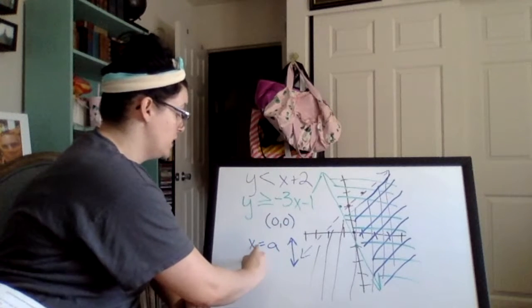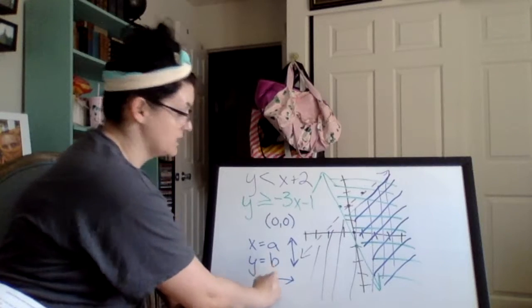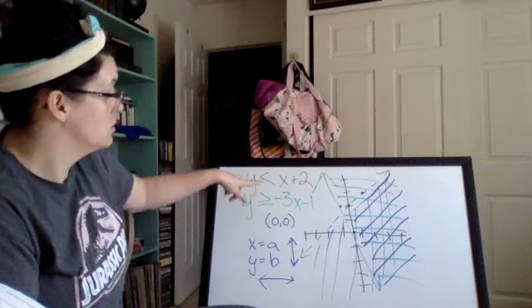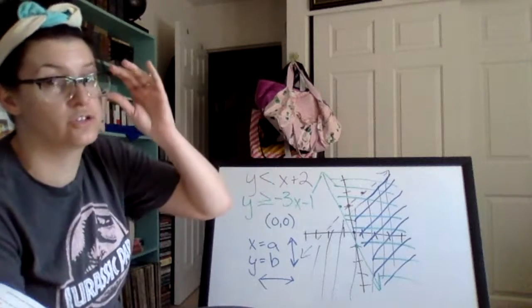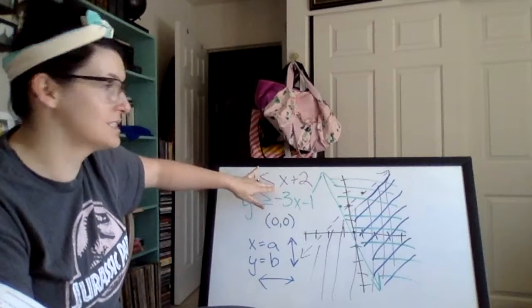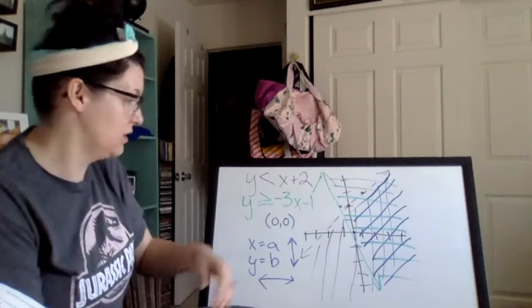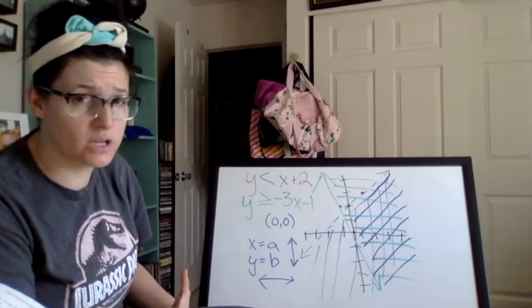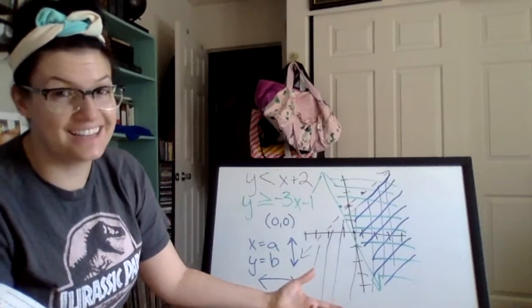And if you have an equation that looks like this, that's a horizontal line. And don't forget to look and see whether or not the line is included in your solutions. If it's just a less than or a greater than, you need to use a dashed line. If it's less than or equal to or greater than or equal to, you can use a solid line. And that's it for 3-3.